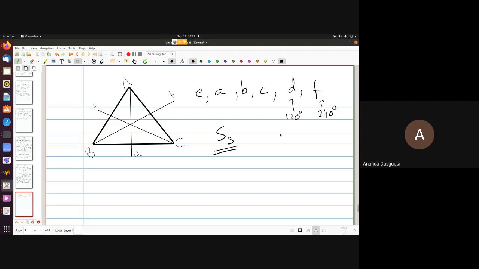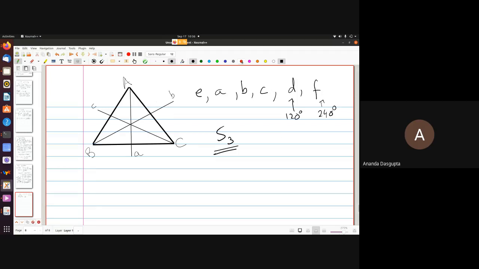So does B, so does C, so does D, so does F. So the plane stays unchanged under the action of all of these. And here when I say action, I mean I actually do the reflections or rotations. But now what we want to do is find a matrix representation for this.